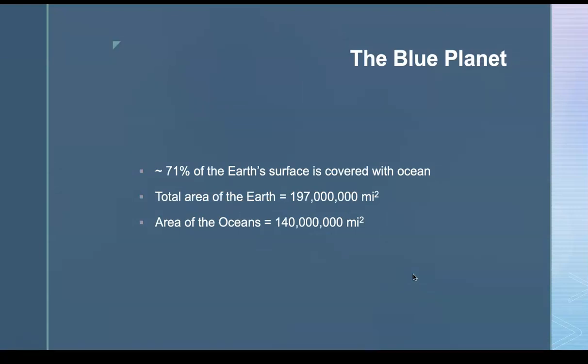So you've heard me say a couple times, more than likely, already, that the Earth is nearly 3/4 water, right? So we're looking at approximately 71%. And I know these numbers are too big to really hit home, but you know, that 140 million is awfully close to 197 million.